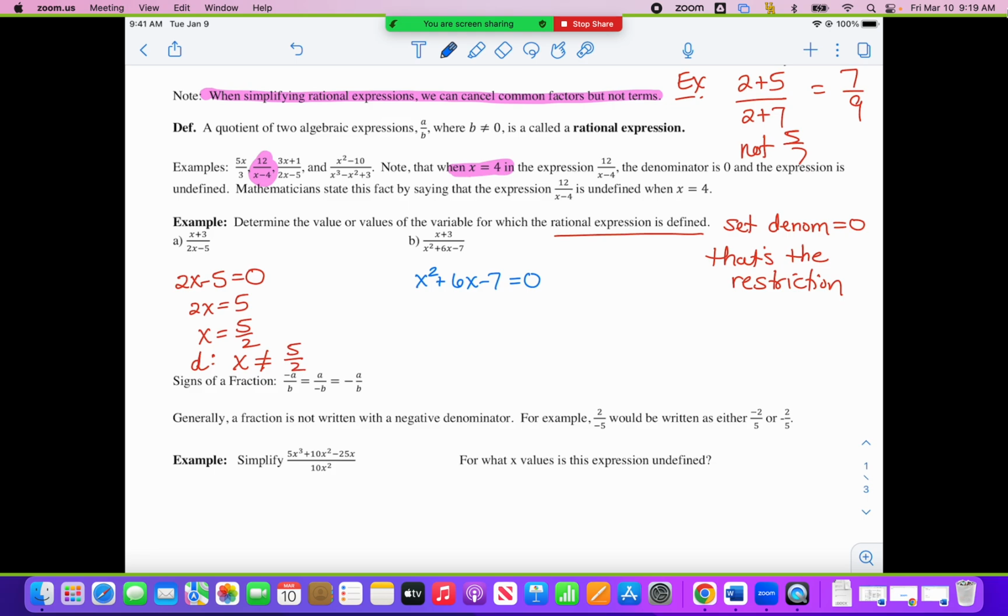All right, Drew, how does this one factor? X plus 7, x minus 1. Good job. So you get x is -7 or x is 1.